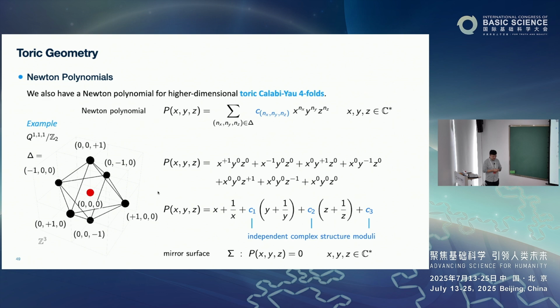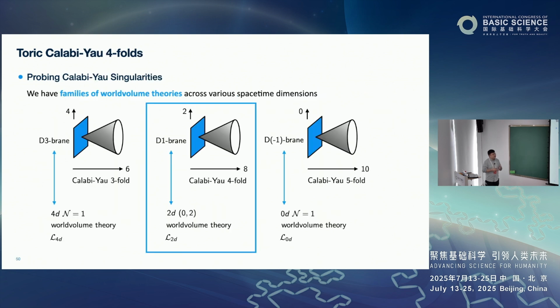Given by sigma, using that hypersurface, can I construct an analogous brane configuration to what I had for toric Calabi-Yau threefolds, which generate via a brane engineering construction a corresponding quiver gauge theory? And that was the idea here. When I go to toric Calabi-Yau fourfolds, I can probe the singularity by a D1 brane.